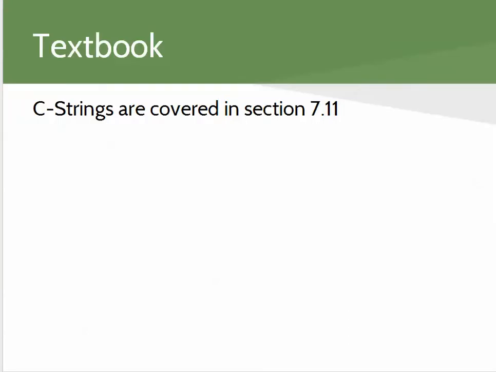C strings are covered in depth in section 7.11 in the textbook. And just as a side note, the reason they're called C strings is to differentiate between the older style C way of storing character arrays, or working with strings of text, as opposed to a newer way, which now we just call strings, that has been introduced in C++.